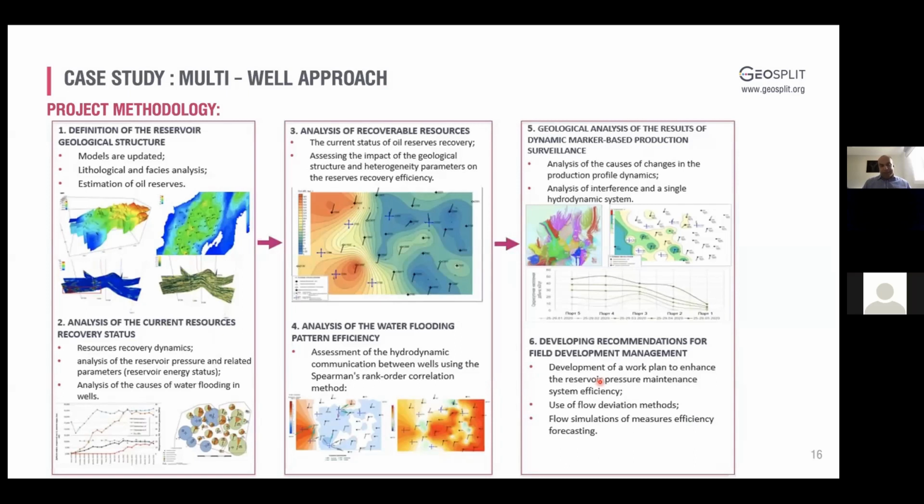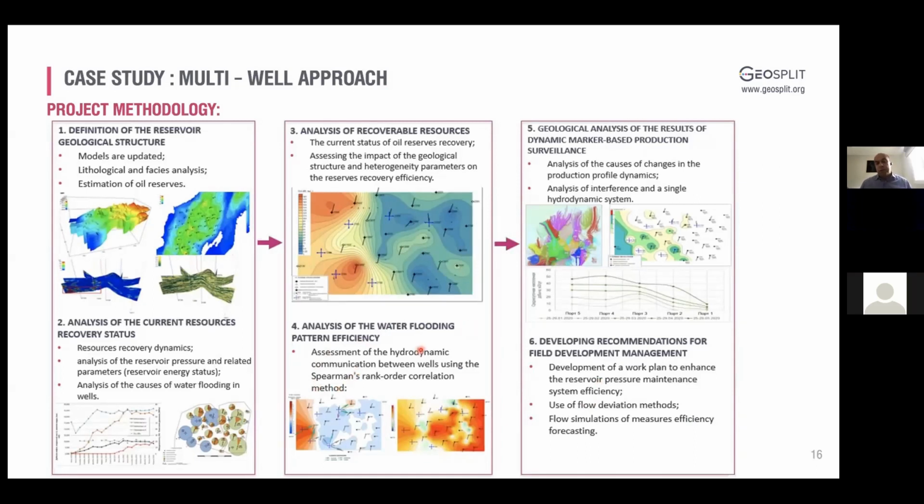They also looked at the existing historical production and injection profiles, looking at the water cut patterns, trying to understand the efficiency of water flooding, etc. Now, what GeoSplit jointly did with the client is start using data-driven models in steps 4 and 5, and I'll go into detail on it.